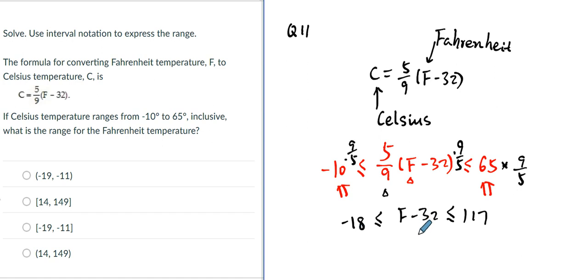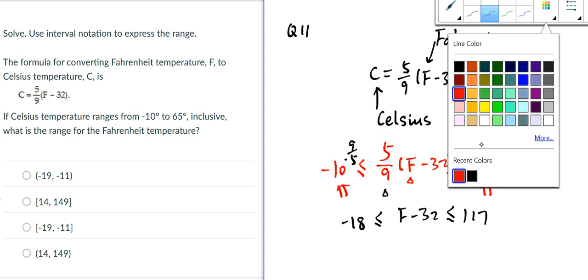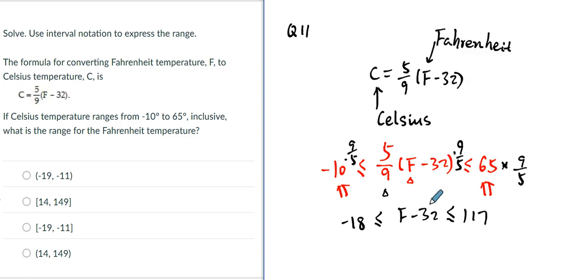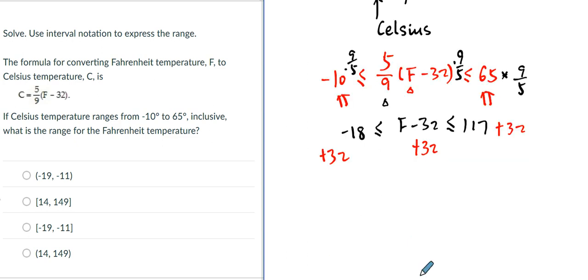Then you do plus 32 everywhere, not just both sides. Plus 32. What do we get in the middle? You only have a Fahrenheit left. So F should be in between those two numbers.